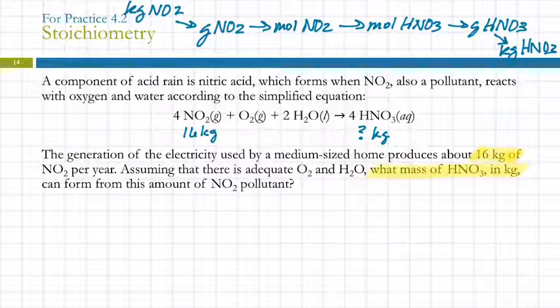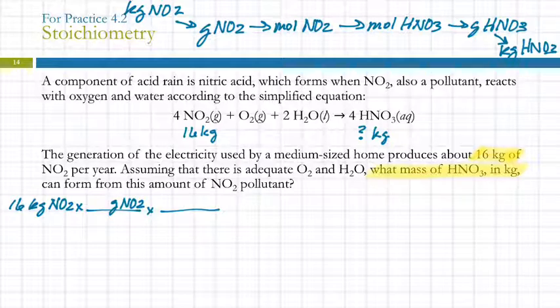So I've got 16 kilograms of NO2. And on the next line, I'm going to have grams of NO2. And the next one is moles of NO2. And the next one is moles of HNO3.